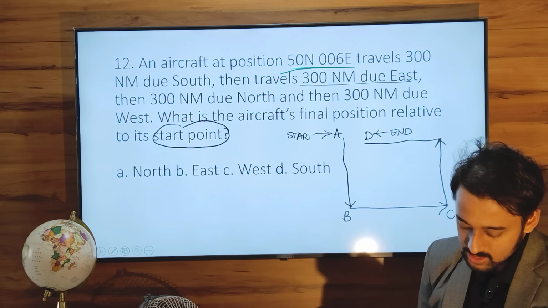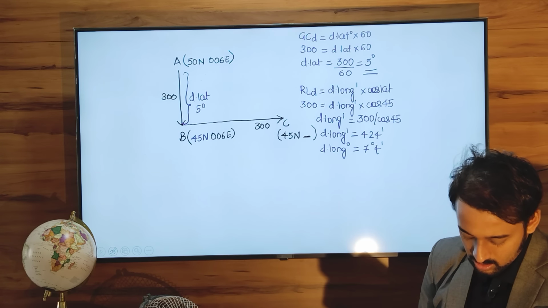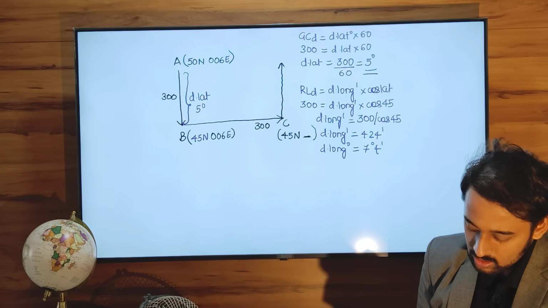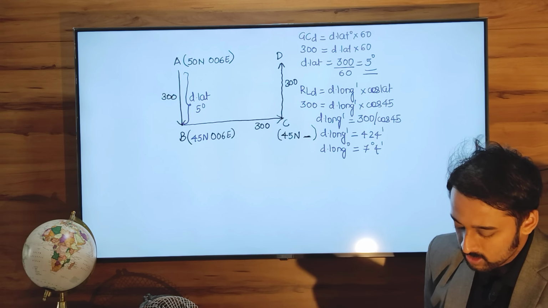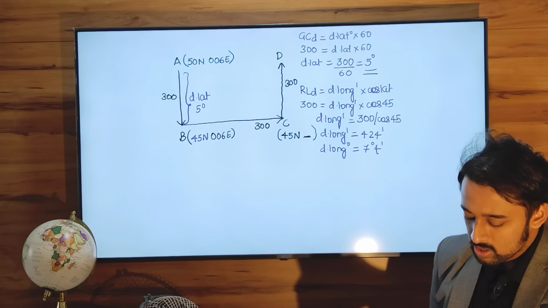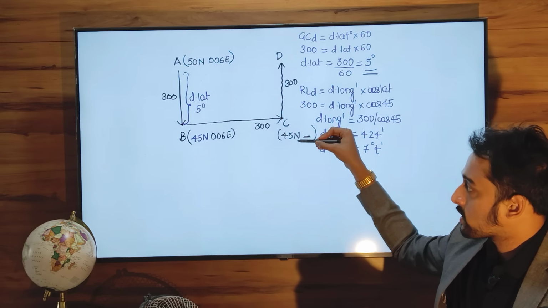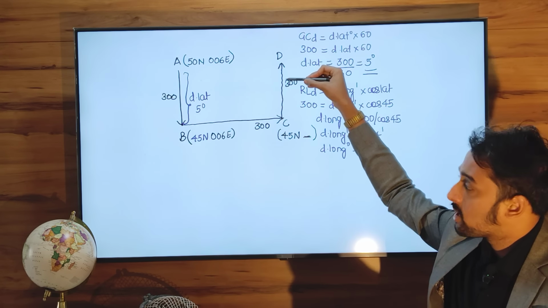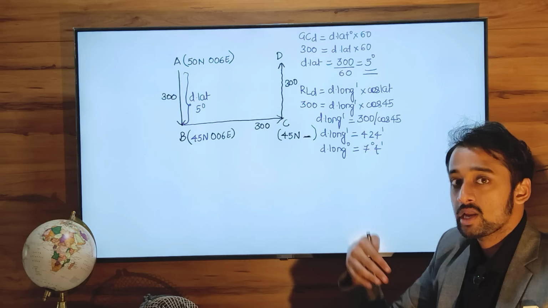So our third route travels 300 nautical miles northerly. Now what will be the d lat? As we go in the northerly direction, the latitude of 45 north at point C will change to a new latitude, and that will be more than 45, because as you climb up, your latitudes increase.